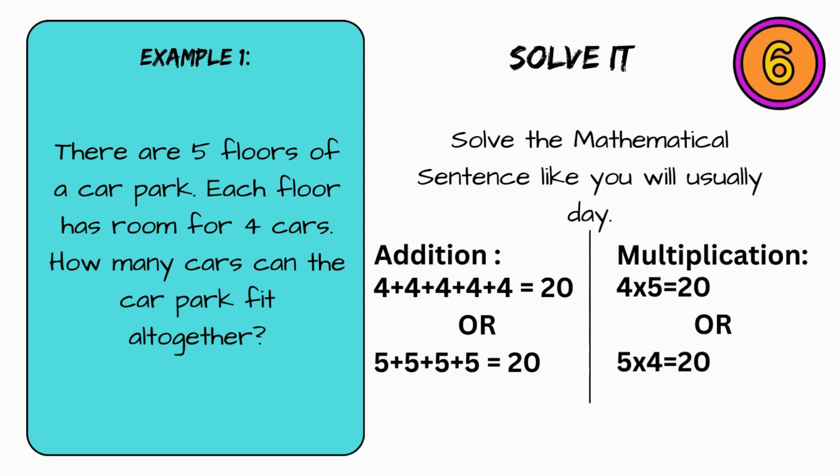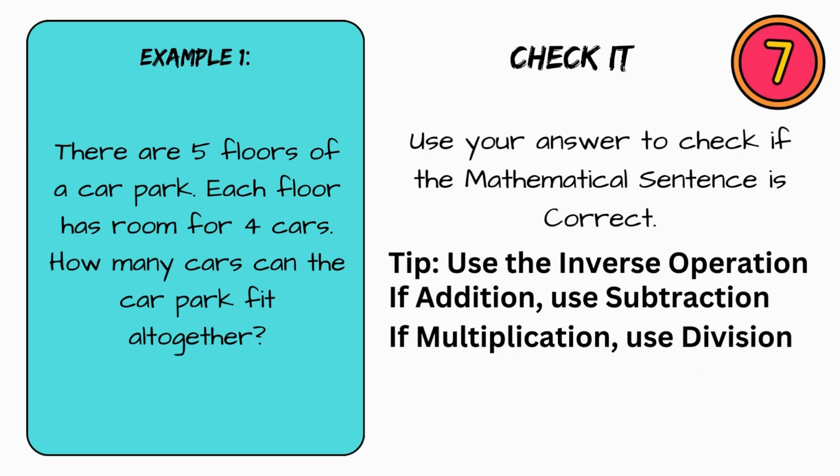Our last step is so crucial, because you can solve it and think you've got it right, but you must always double check. So the last one is step 7, which is check it. Use your answer to check if your mathematical sentence is correct. But here's a tip: use the inverse operation.